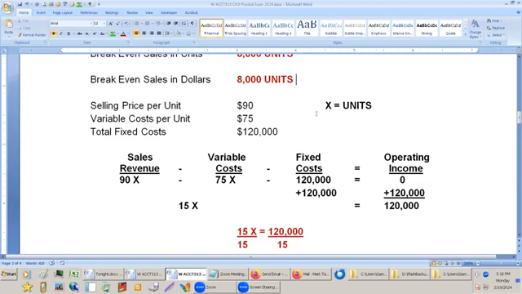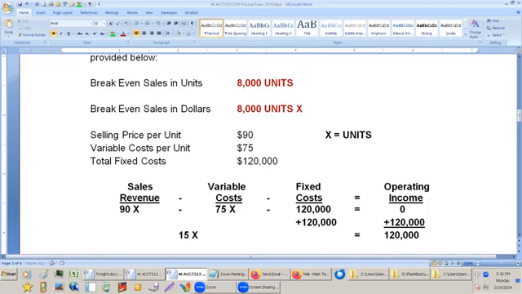In the sales in dollars, each unit we're selling for $90. So 120,000.